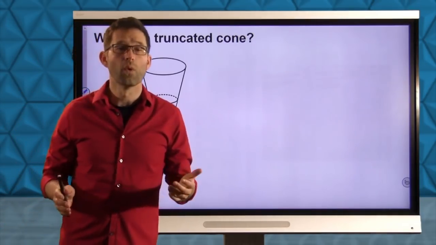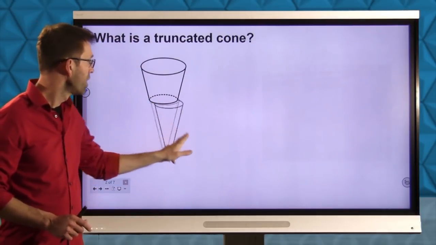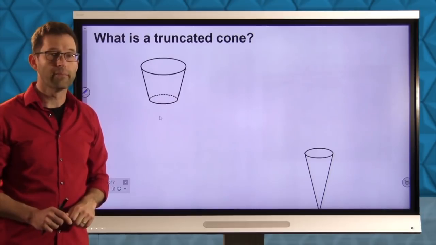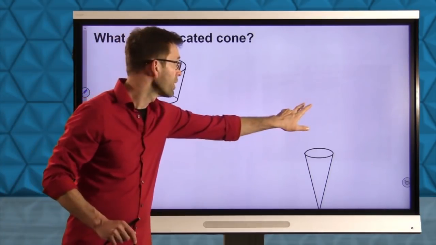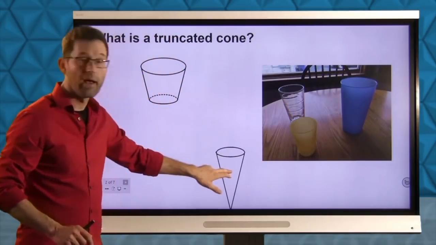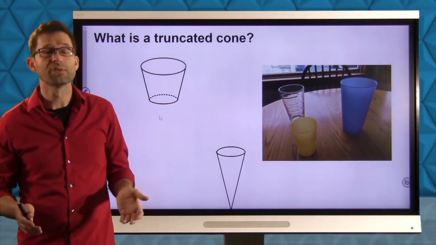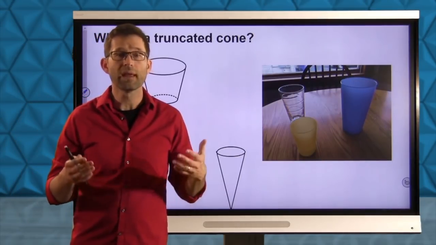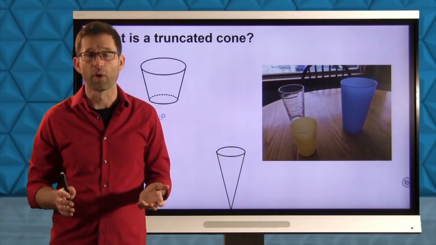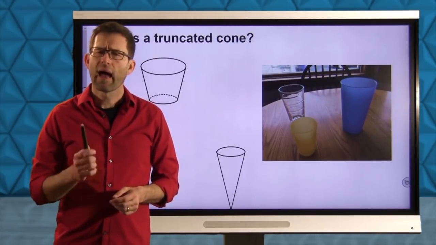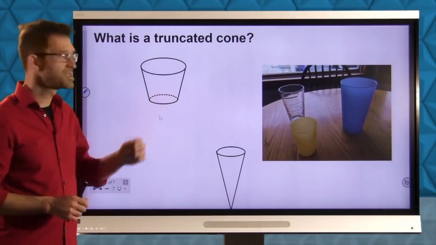A truncated cone is what we get when we take a cone, slice it horizontally, and throw that portion away. What do we have left? Well, we have what most of us would think of as a cup. A truncated cone is an extremely common geometric shape. You'll see them everywhere. The question is, how could we figure out what the volume of this cup is?